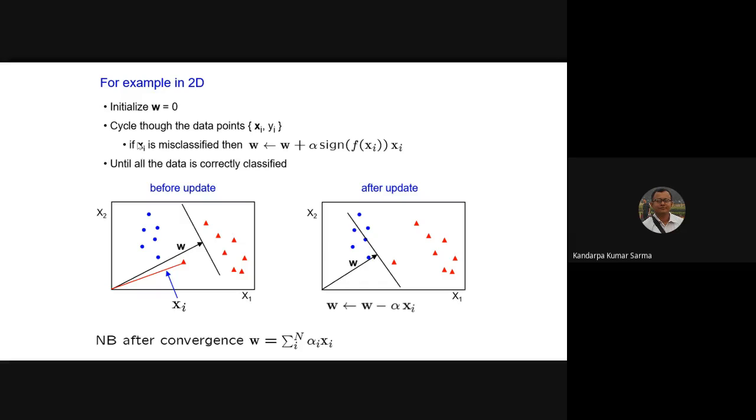If xi is misclassified, W takes the value W plus alpha times the sign of f of xi multiplied by xi. So this is a condition that can be linked with a two-dimensional case of classification. We repeat it till all the data are correctly classified.